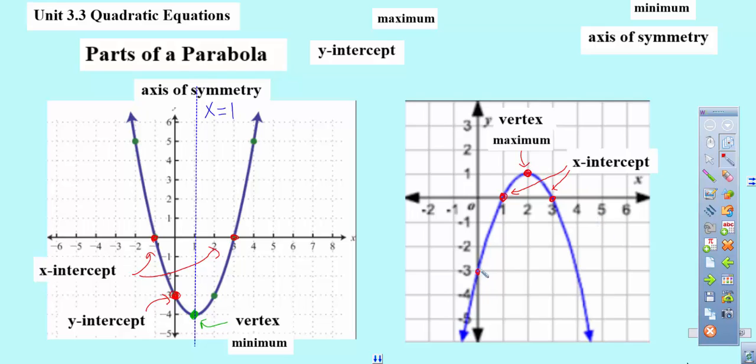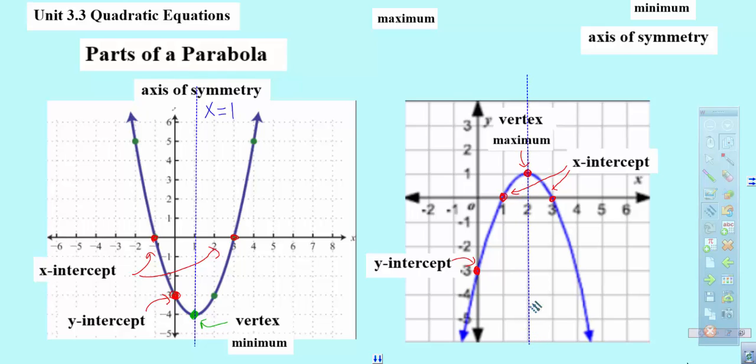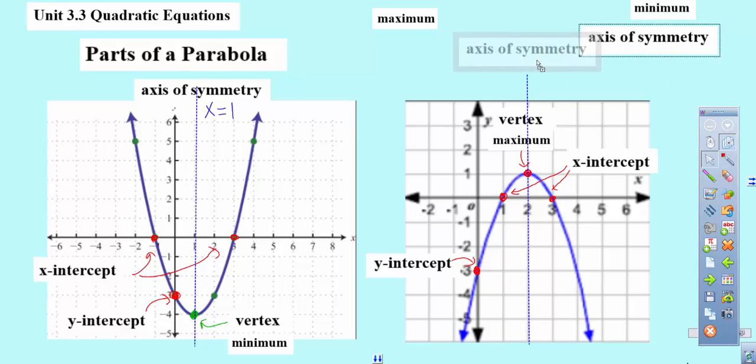This spot right here would be a y-intercept. And then we have our axis of symmetry, that special line that passes straight through.